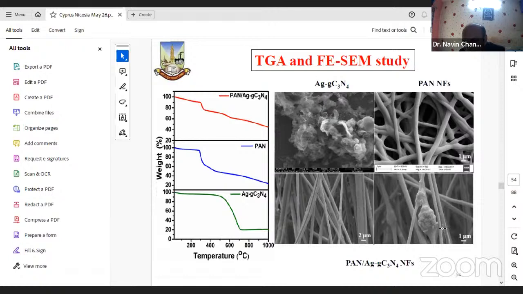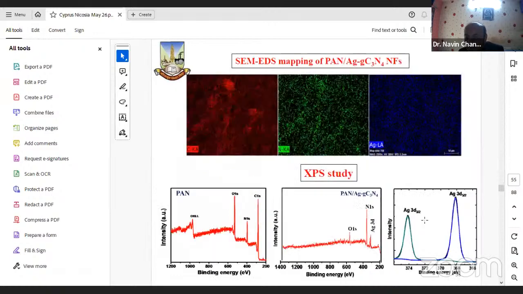And if we look into this structure, a bone-like structure is observed because of the effect of the processing conditions. This is the same EDS mapping of PAN AGG C3 and 4 nanofibers. This is the XPS study: PAN AGG C3 shows the presence of oxygen 1s, nitrogen 1s, silver 3d, suggesting the combination and decoration of AGG C3 and 4 over the PAN nanofibers.